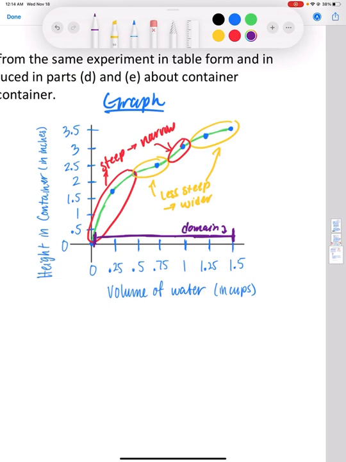And the range starts at 0. And it goes all the way up the y-axis. Let's see how much the data spans that one. This is the range. Okay, so it goes from 0 to 3.5 inches.